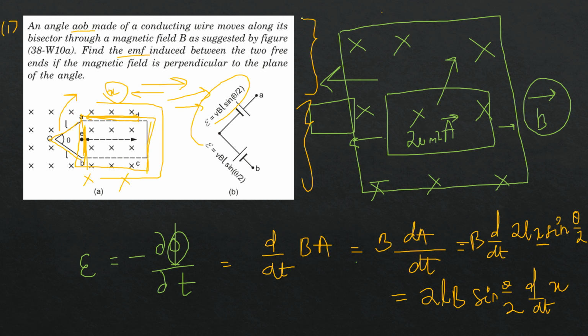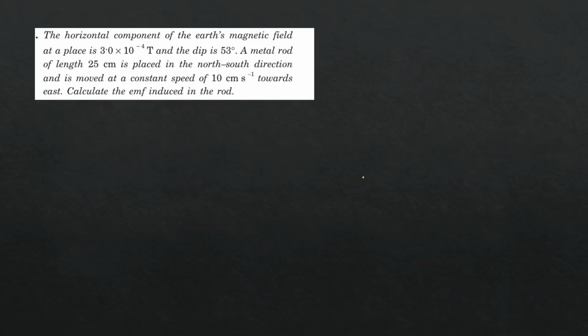Read the question fully. Keep your patience. Read it again and again, two or three times if possible, no problem. Then use everything that you have studied, all the concepts. So this is your first question. If you have any doubt, you can write it in the comment section. Next, let's move to the next question.